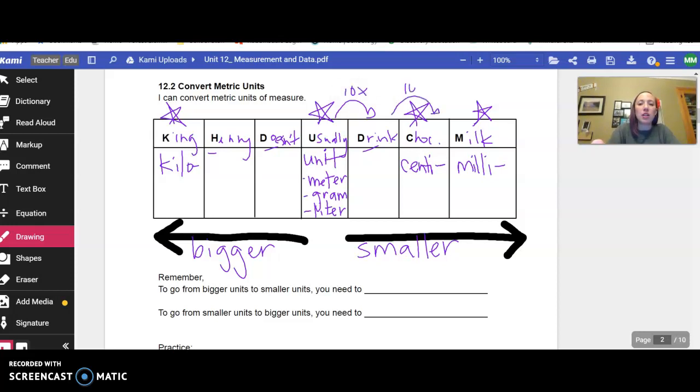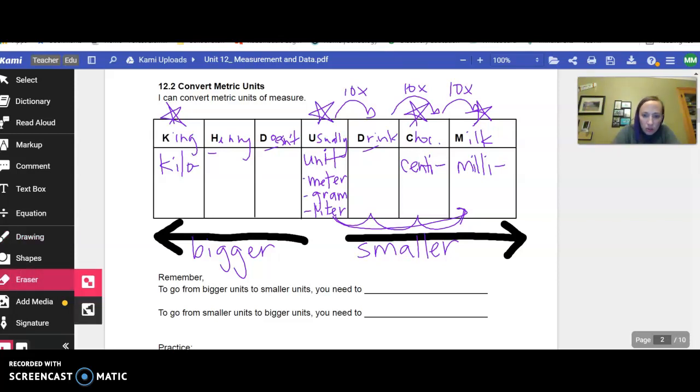Here to here, 10 times different. So make sure you write this down. Because say I wanted to go from here all the way over to here, well, that's 10, 100, 1,000. So from there to there is 1,000. We're not counting like 10, 20, 30. We're counting powers of 10.